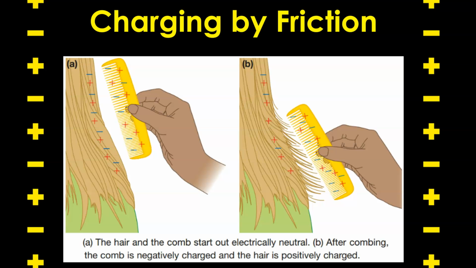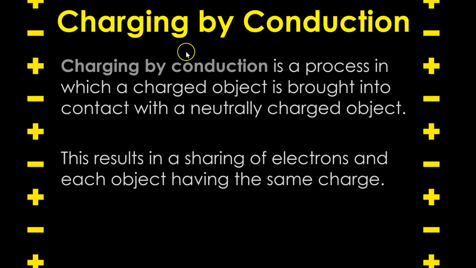This is known as the electrostatic series table, and I'm going to be talking about that with you in the next lesson. So this shows you charging by friction, whereas after rubbing, one material or object becomes positively charged, whereas the other one becomes negatively charged.